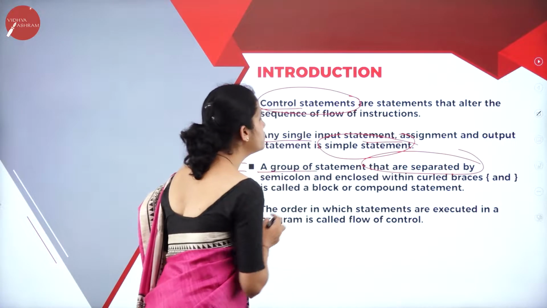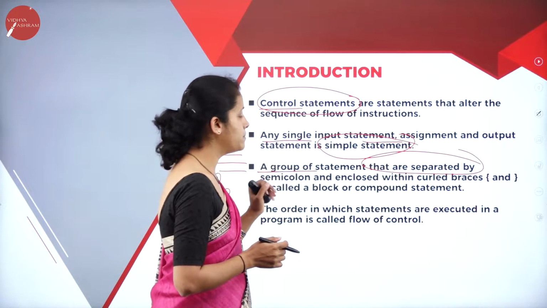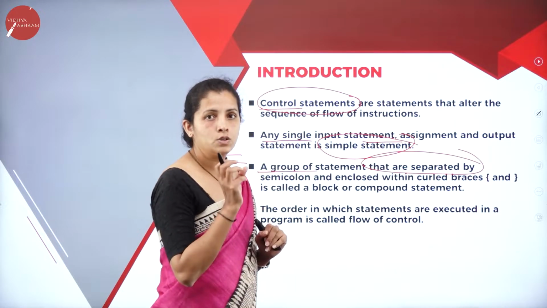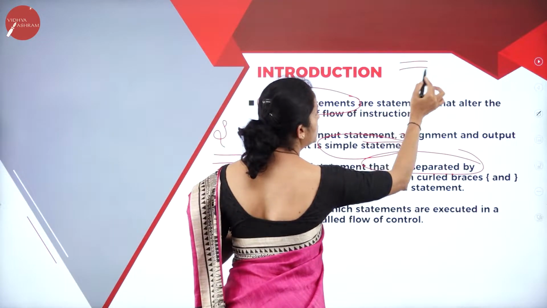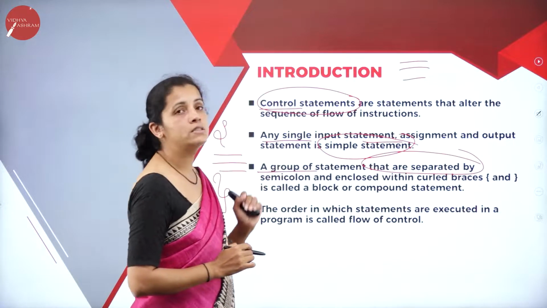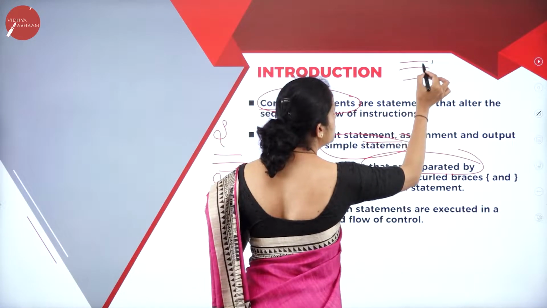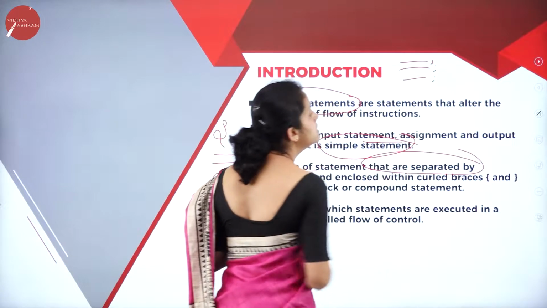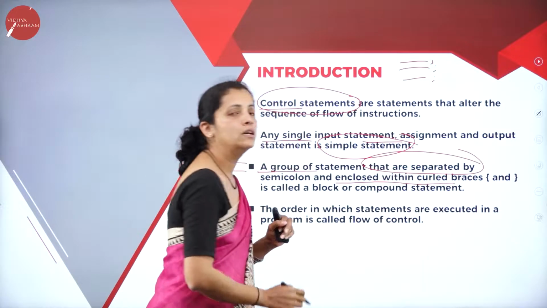So a group of statements that are separated by the semicolon. Dear student, just remember one thing here, that think that I'm having 1, 2, 3 lines of statements. Now I need to separate these statements. How can I separate? With the help of semicolon. I'm going to place the semicolon and enclose them with curly braces.